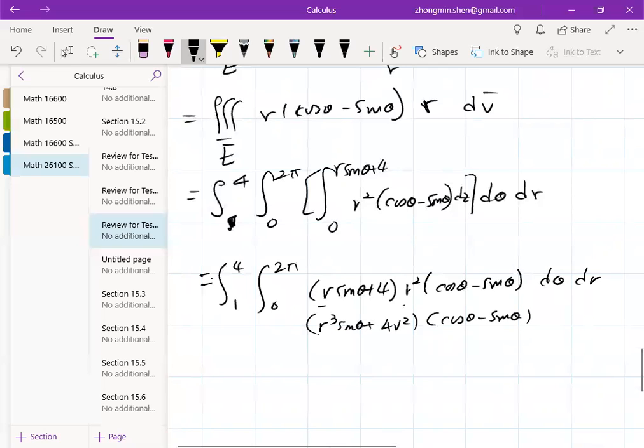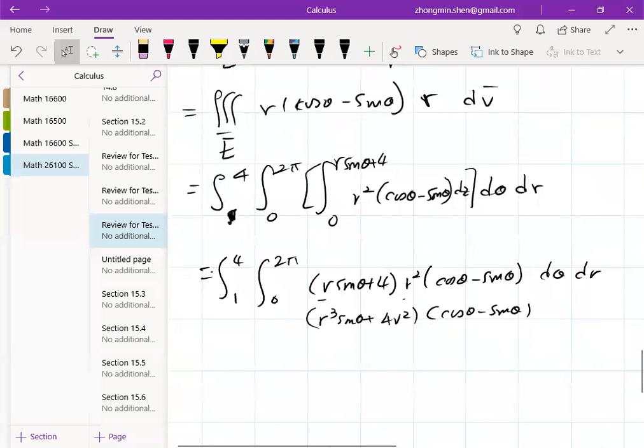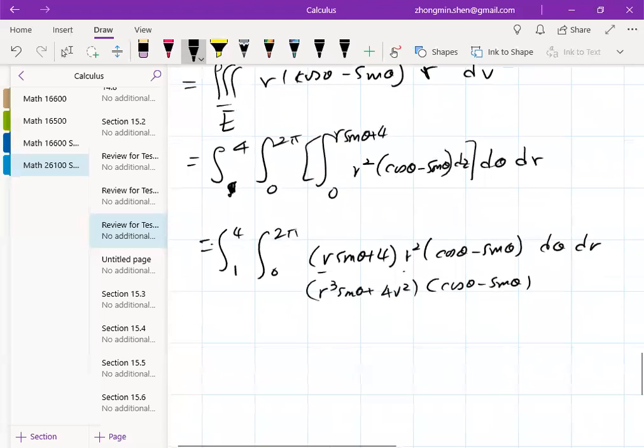Evaluating with respect to r, the antiderivative is a quarter of r to the fourth power sine theta plus 4 over 3 r cubed.